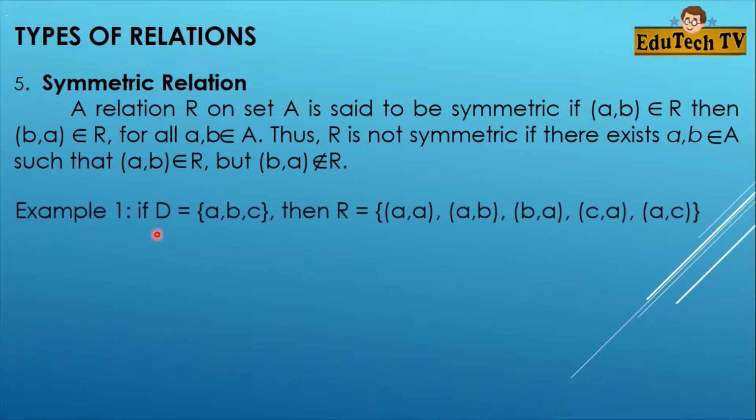So, let's have this example. If we have the set D, {A, B, C}, and the relation is AA, AB, BA, CA, and AC.